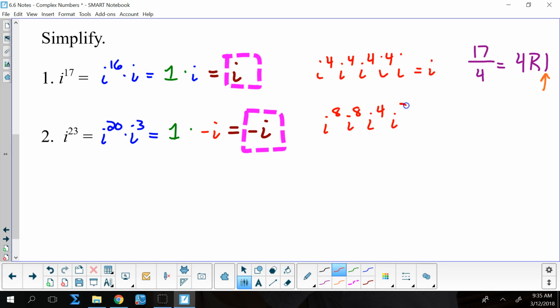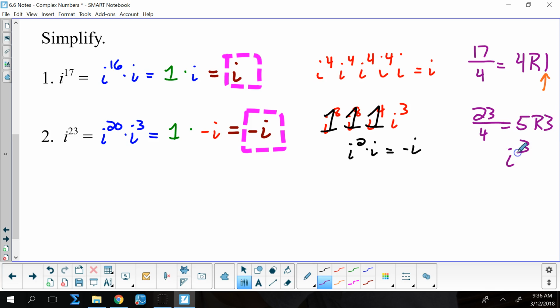There's 20, and there's that one then, right? So then all of these, that becomes a 1, that becomes a 1, and that becomes a 1, leaves me with i cubed, which then is i squared times i, so then we get negative i there. Okay? My method, 23 divided by 4 is 5, remainder 3, so that leaves me with i cubed, which is negative i.